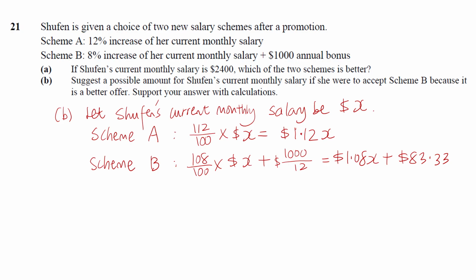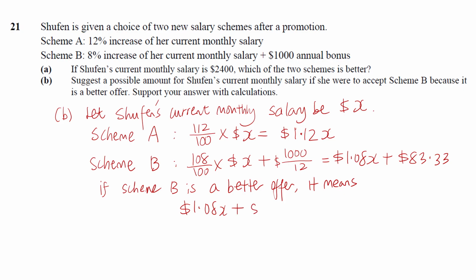Right, so if you want Scheme B to be a better offer, it means that your 1.08x plus 83.33 must be more than your 1.12x. Okay, so we're going to solve this inequality.